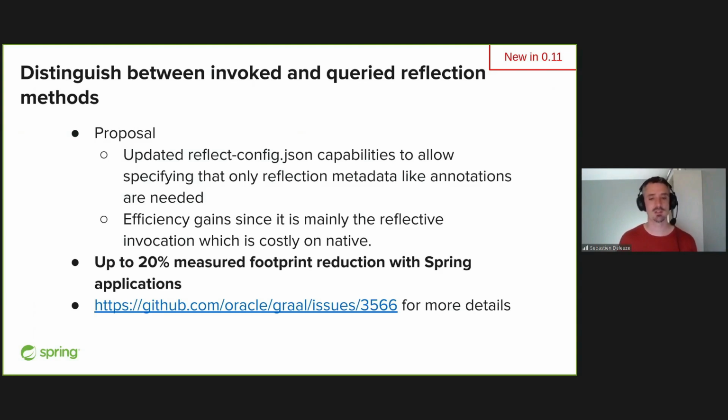And there was no possibility to differentiate those two use cases. By allowing that, the GraalVM team was able to measure up to 20% footprint reduction with Spring applications. So we are excited to be able to leverage this new feature.